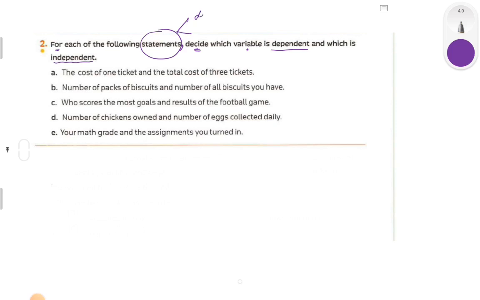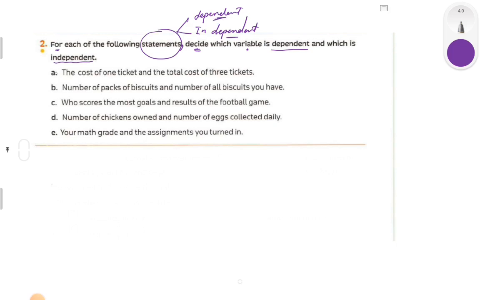One of them is dependent and the other one is independent. You have to decide which one is dependent and which one is independent.